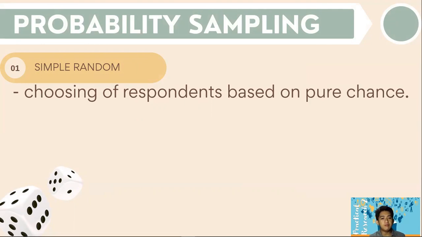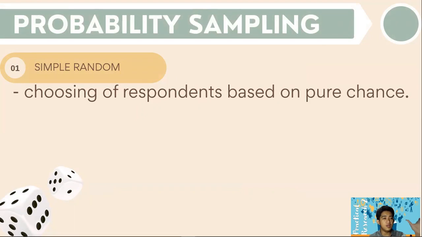For the simple random sampling, one of the disadvantages is that identification of all members of the population can be difficult because we don't know whether one will represent one cluster or one section or the other. And contacting all members of the sample can be very difficult because you don't know which group a particular sample that you have chosen came from, because you came up with a simple random sampling.